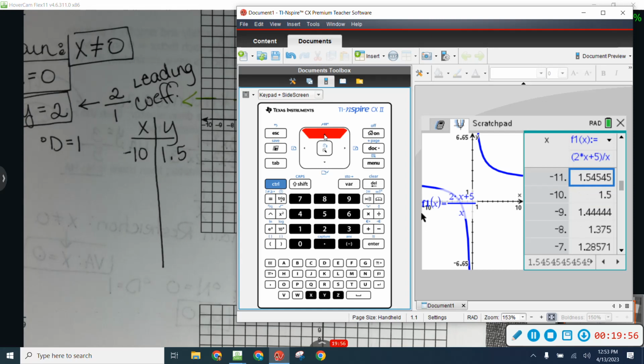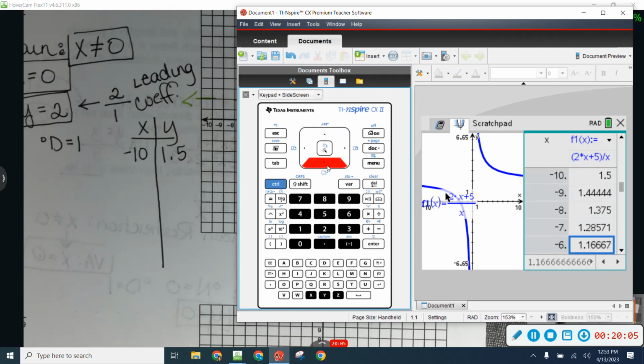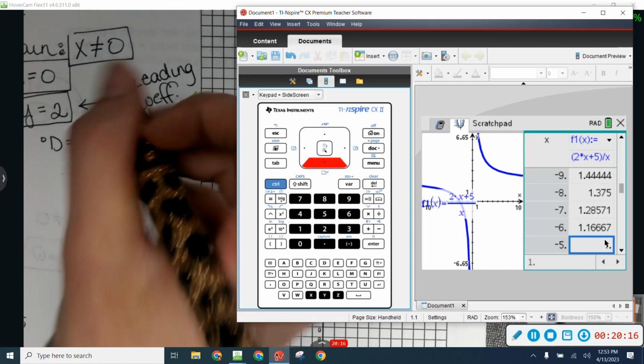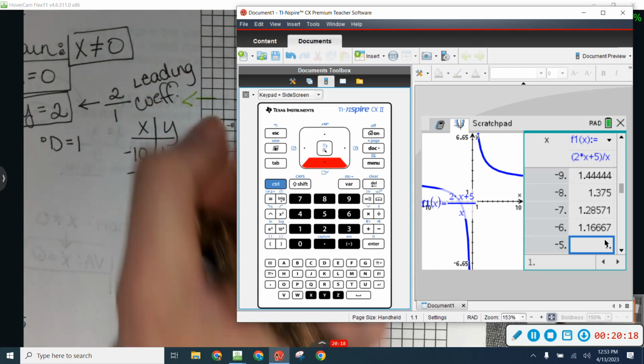You could even start at negative 11 if you wanted to, but negative 11 and negative 10, all of these three y's are pretty much the same. So I just kind of skip around until I see, not necessarily just an easy number, because not every graph is going to give you easy numbers, but some that are going to make a difference on where you're graphing. So I'm going to do negative 5, 1.